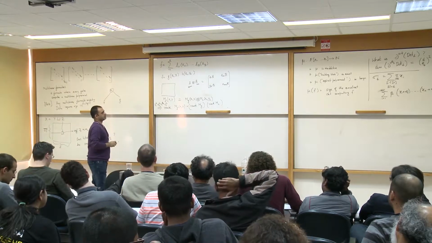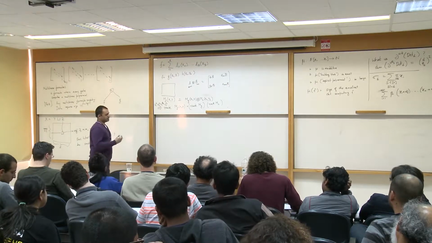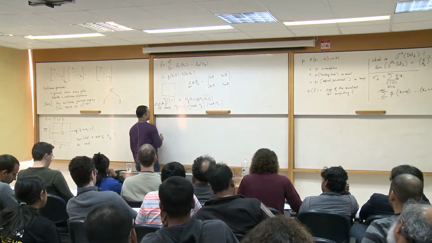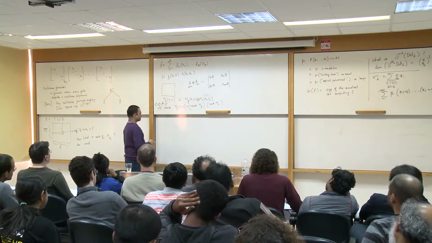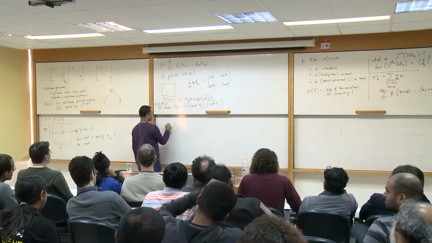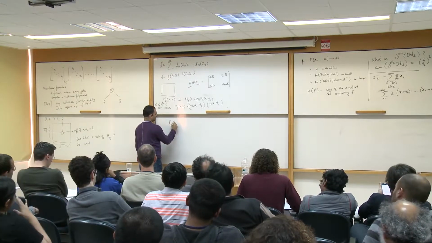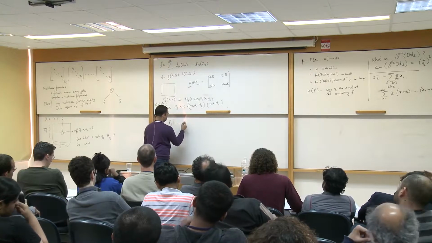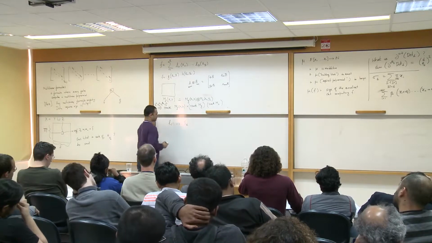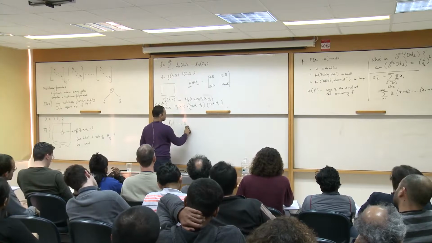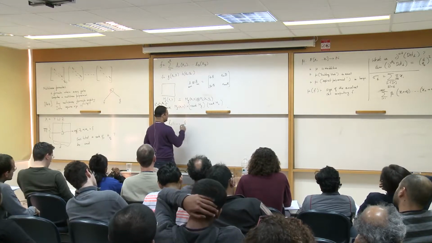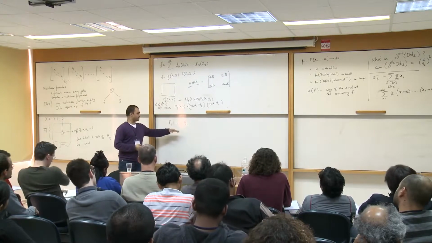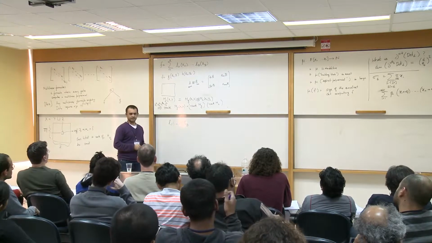Okay, great. So now let's look at depth 3 and let's look at terms of the following form. I have something that looks like L1 times and so on till LD, and I want to understand the rank of the partial derivative matrix for a product of this form.